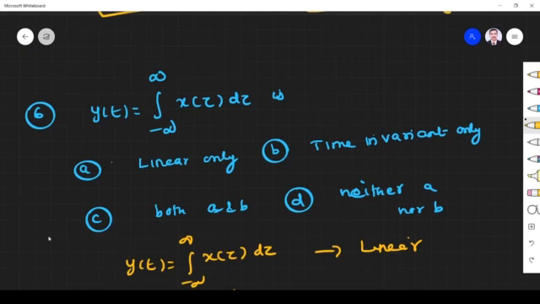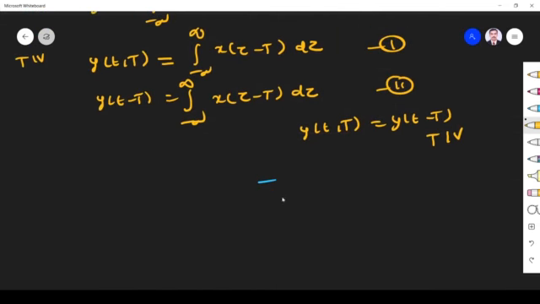So since it is both linear and time invariant, option C is the right answer. Please understand, if I want to check time invariant, if the signal is reflected or scaled, then it will be time variant. Here the signal is simply the input, so it is not time variant, it is time invariant. So that is one clue, right? Any integration is linear. Okay.